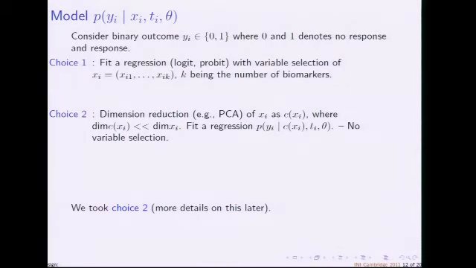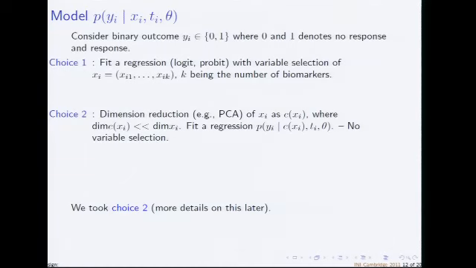We just use the simple one in our simulation, principal component analysis, which reduces the dimension of the X space into a subspace Cx, and the dimension of Cx is much smaller than X. So in our case, we assume we have, for example, the first 5 principal components of the biomarker matrix.